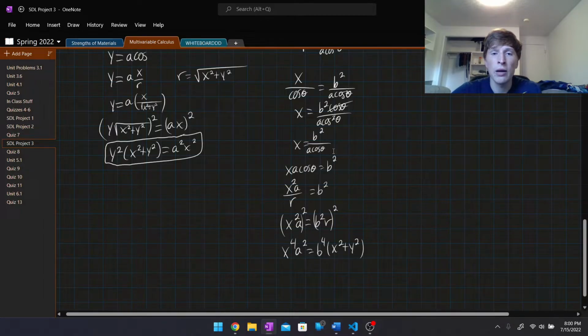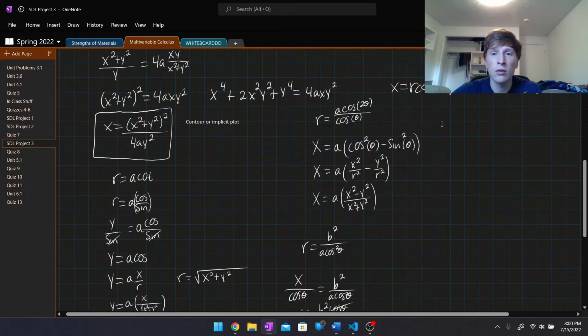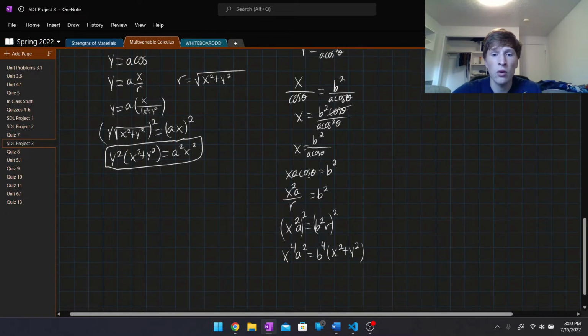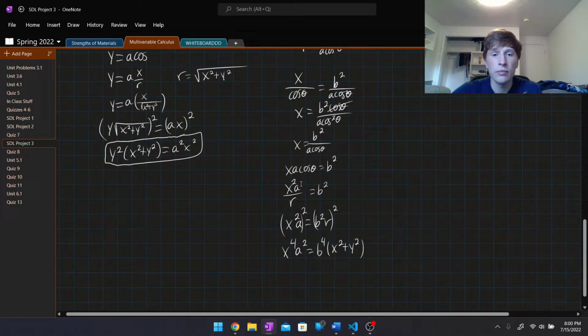Then I multiplied by the a cosine theta, and then I rewrote cosine theta as x over r, because cosine theta is x over r. So it's x times a times x over r, so x squared times a over r. Then I multiplied by the r, and so I got stuck.